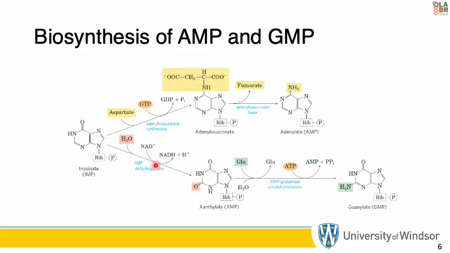So here things start coming together, where we can see our friend IMP actually creating more useful products, such as AMP and GMP that we're a little bit more familiar with. The conversion of IMP to adenylate requires an insertion of an amino group derived from aspartate.